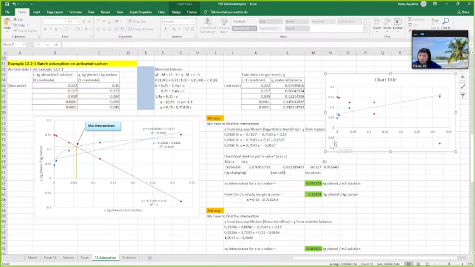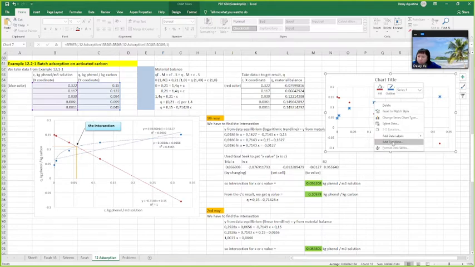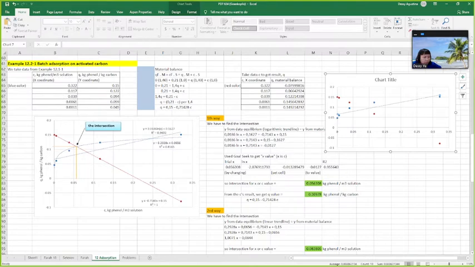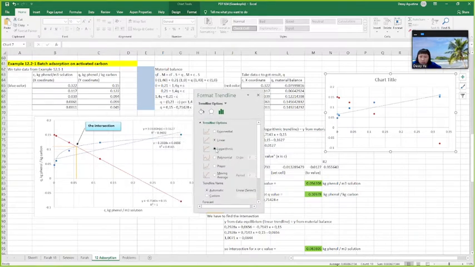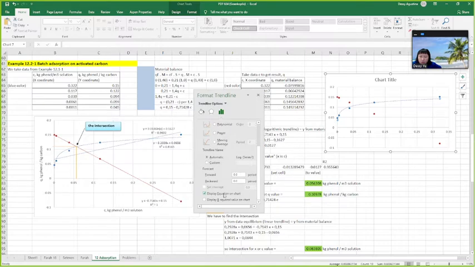Here you will see that it looks logarithmic, so you cannot choose linear for the blue color. Here choose logarithmic, and then click display equation and display R squared.